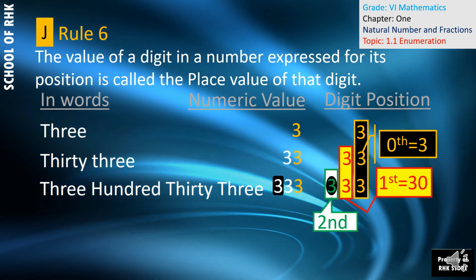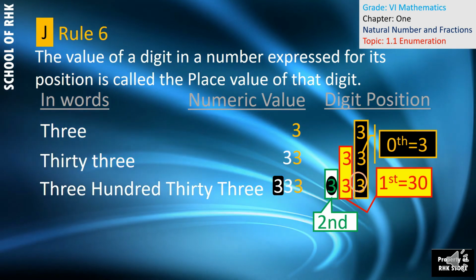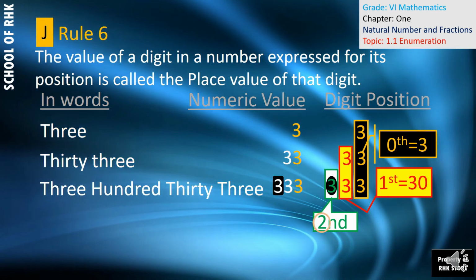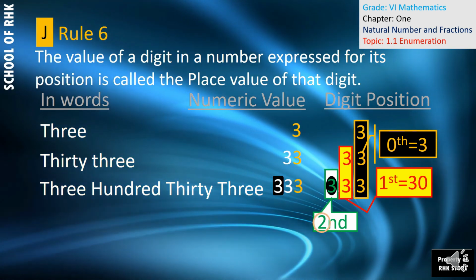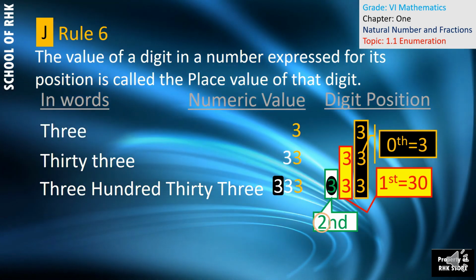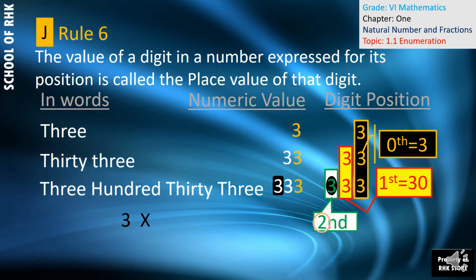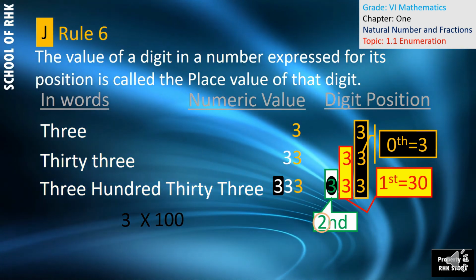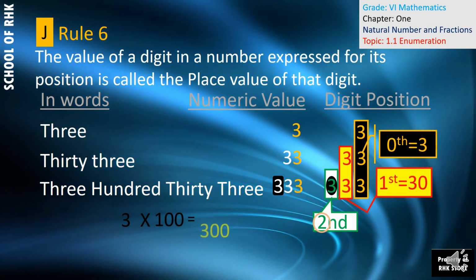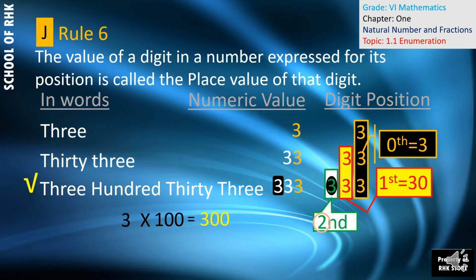But due to the change in position from 0 to the second position, the place value of the 3 digit will be 3 multiplied by 100 equal to 300 for the number 333.